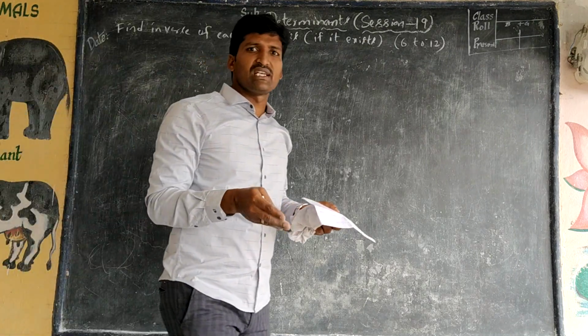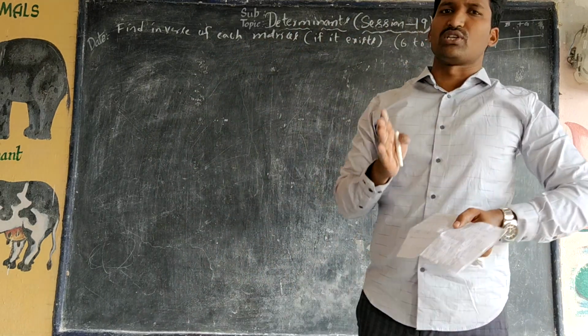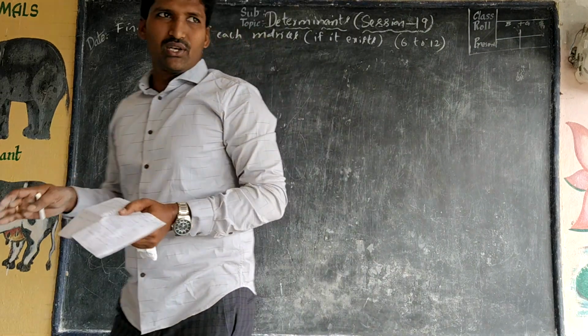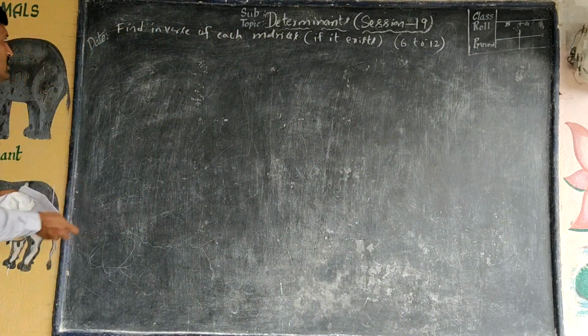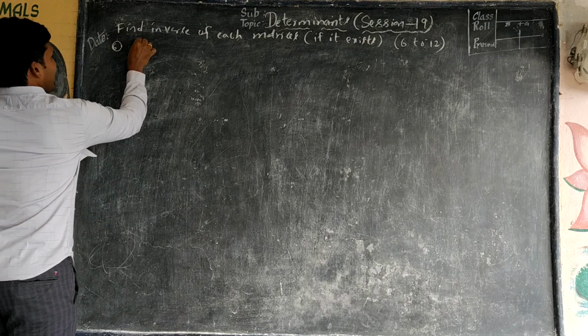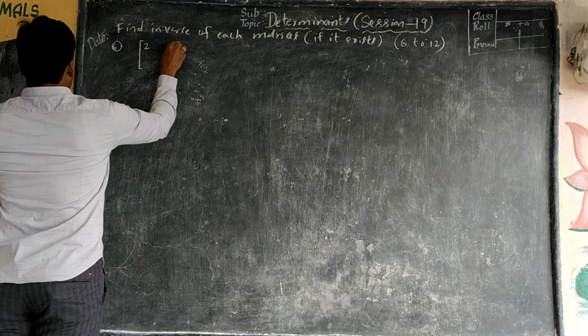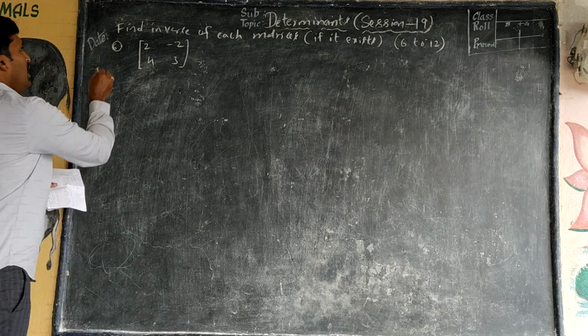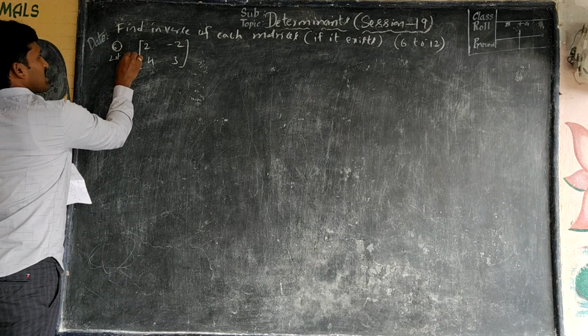The inverse exists when det A is not equal to 0, that is, when it is a non-singular matrix. If det A is equal to 0, we are not able to find the inverse of the matrix. Coming to the sixth one, the matrix is given like this: 2 minus 2, 4, 3. Assume this is the A matrix.